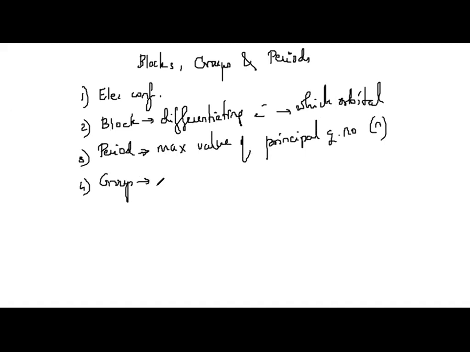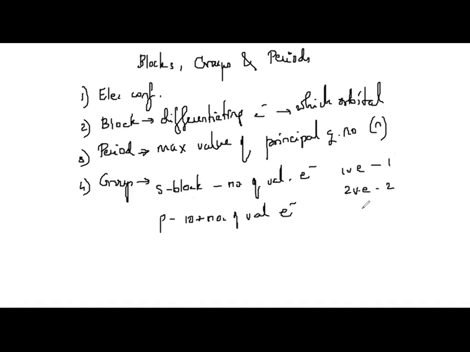Fourth one, if you want to say to which group it belongs. Okay. If it belongs to the s block, you can identify by the number of valence electrons. If there is one valence electron in the outermost shell, it belongs to group 1. Two valence electrons in the outermost shell, group 2. For the p block, it is 10 plus the number of valence electrons.